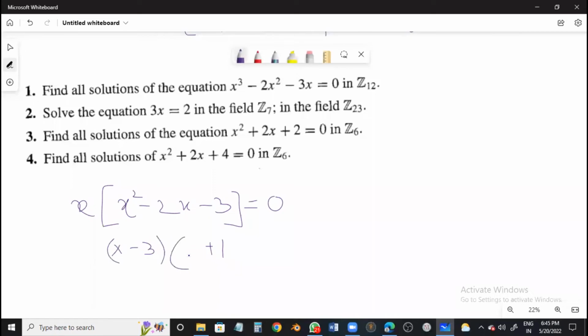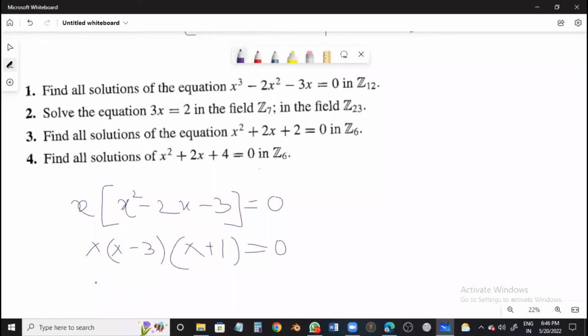Product of x minus 3 and x plus 1 is going to be this particular bracket, and outside multiplied by x. This is the factorization. And my question is, when this factorization will lead to a 0, what are those x's in Z12? I hope you can search for this. You can search for the elements in Z12 which satisfy this.